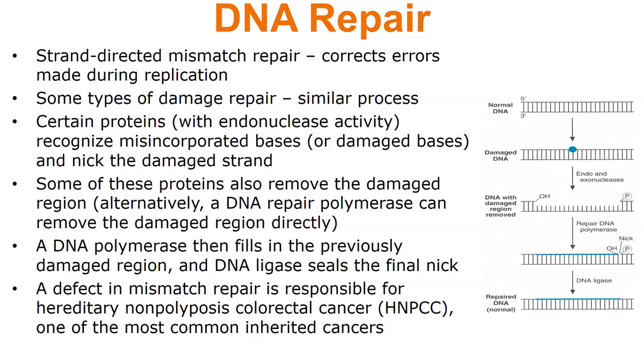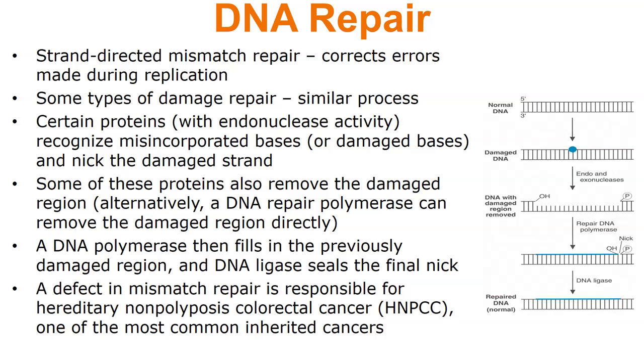So if you have a defect in a type of mismatch repair, what does that mean is going to happen? You're going to accumulate mutations, right? You guys know what happens when you start accumulating mutations? There's kind of a hint right there. You start accumulating mutations, inevitably you're going to get some kind of cancer.